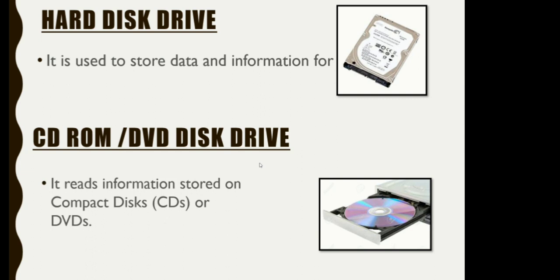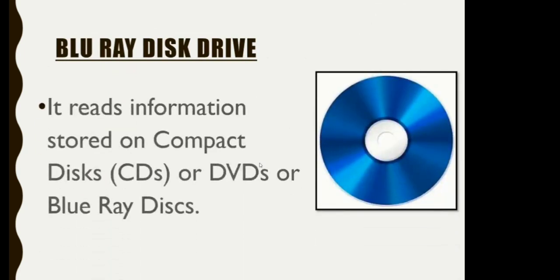The CD-ROM and DVD disk drive reads the information stored on the CDs or DVDs. And the third one is Blu-ray disk drive. The Blu-ray disk drive is used to read the information stored on the CDs, DVDs or Blu-ray discs. So all these are different types of disk drives.